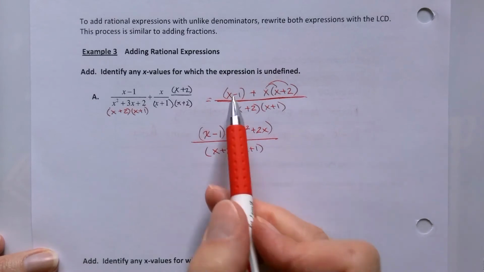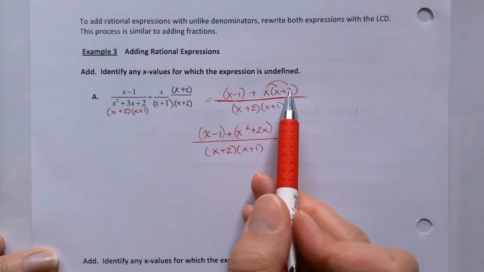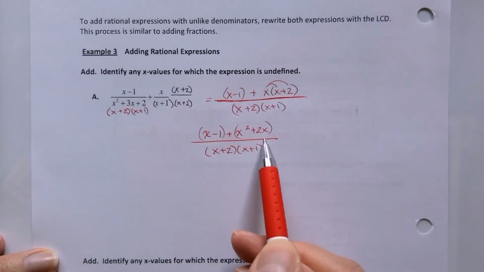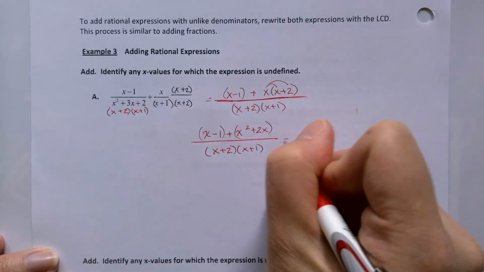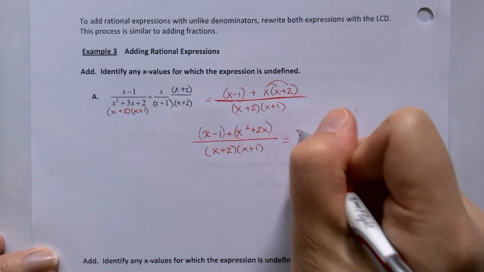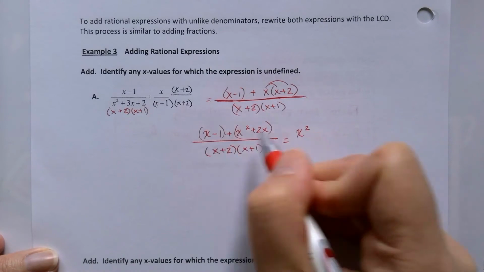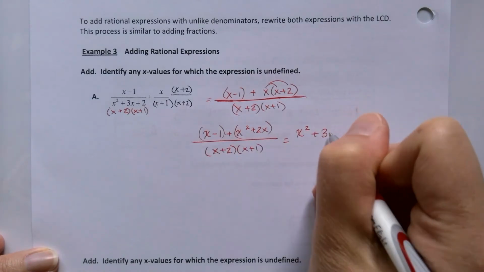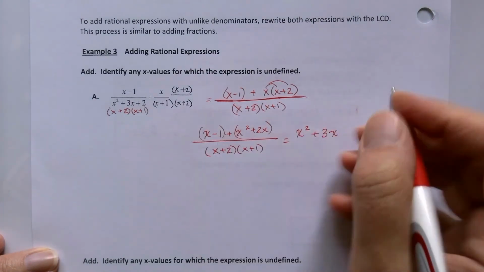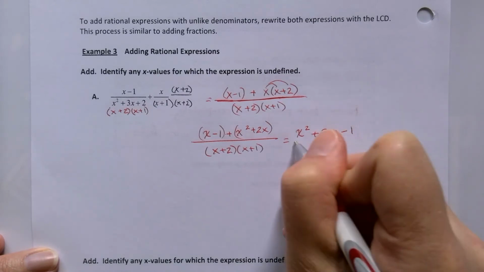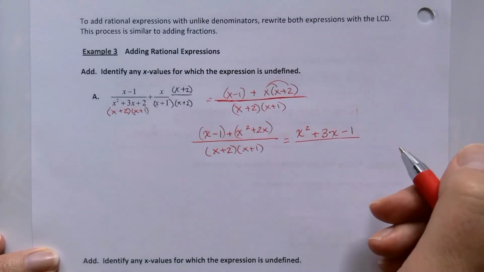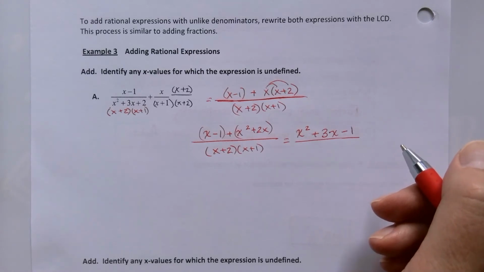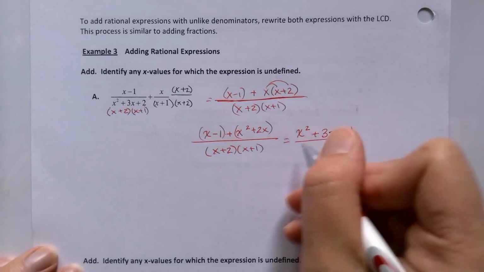So in order to add these, I actually have to distribute this so then I can add like pieces, like terms. So now I have my x squared, that hangs out first. And then I have x and 2x, which is a positive 3x. And then I have my constant of -1. So that's my numerator. Now, before I think that I am done, I want to leave my denominator factored.